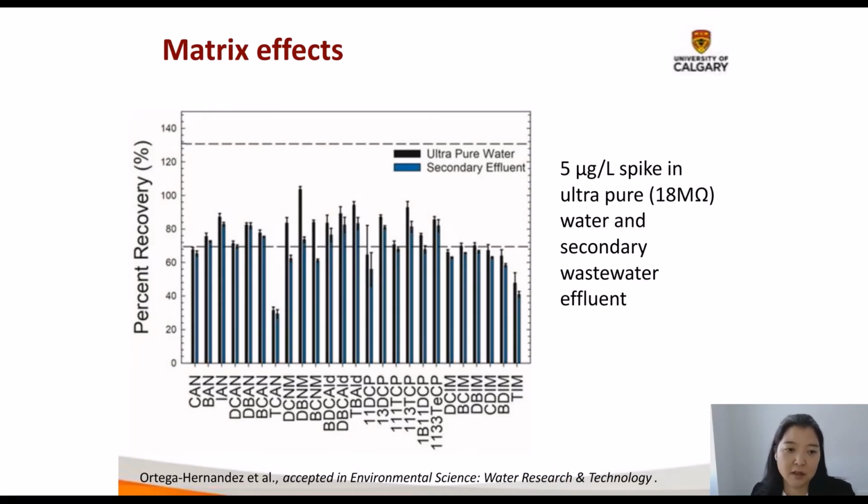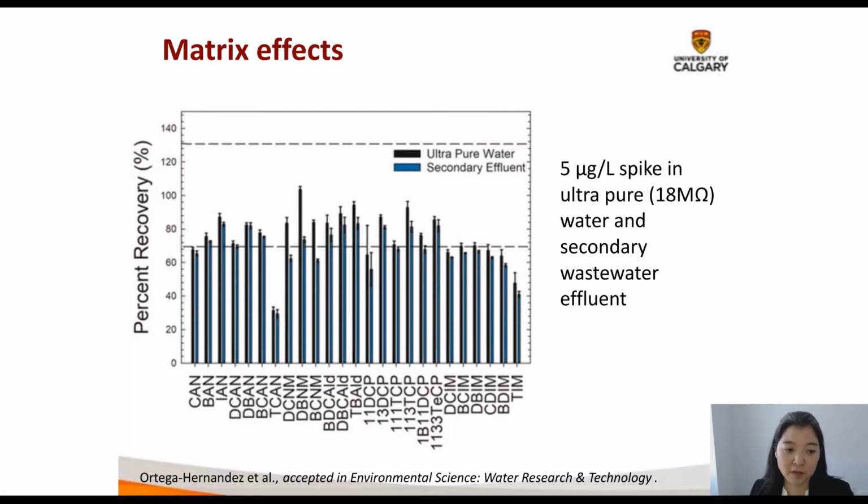And then we also tested the matrix effect. So this was a 5 micrograms per liter spike in pure water, and we did the same for secondary wastewater effluent. And we saw the percent recoveries were just slightly lower for secondary wastewater effluent. These were comparable with pure water.